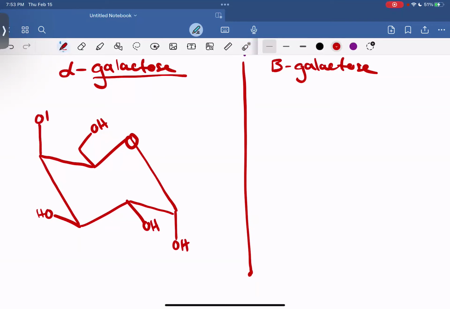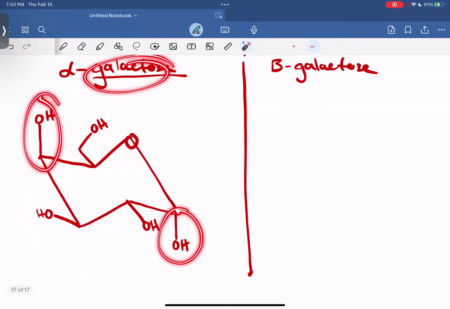So it goes up like this instead of glucose originally going like that. So this would be alpha, and then galactose is that sugar going up.